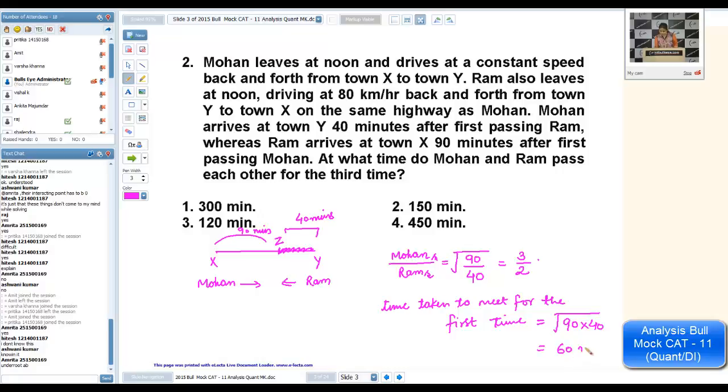So it will be 60 minutes. I'll come to the derivation part. It means to reach Z, they both will take 60 minutes. Is it okay?